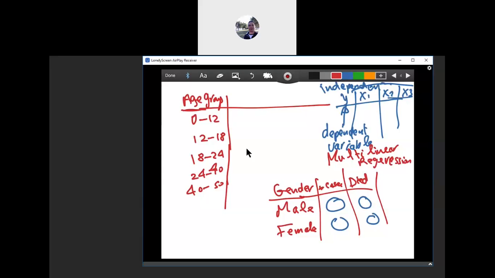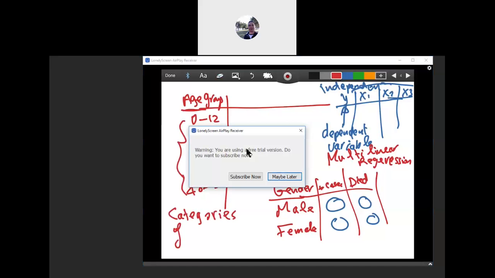So what is the difference in this case? In this case, I have independent variables, and each variable has no categories, right? But this one, I call it age group or age categories. These are the categories of one variable. What is my variable? The age, right? So when I have categories for the variable, I cannot go for the correlation coefficient, linear or multilinear.